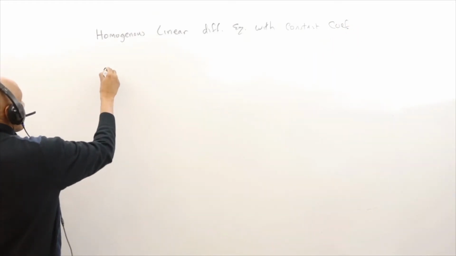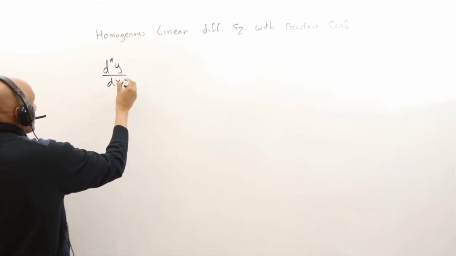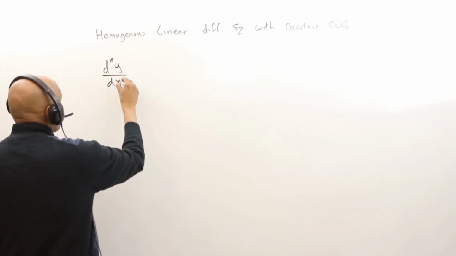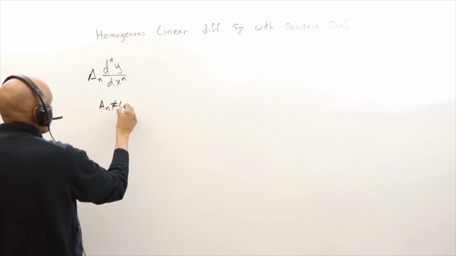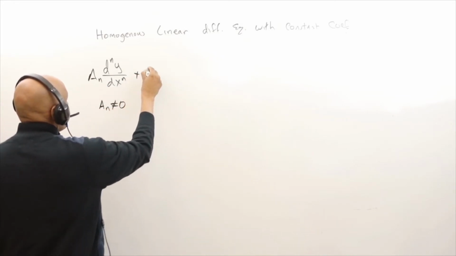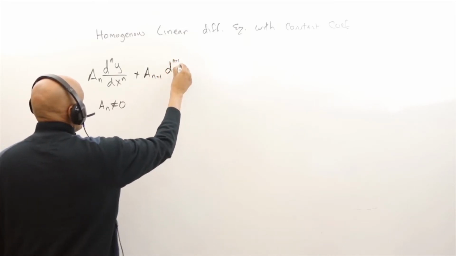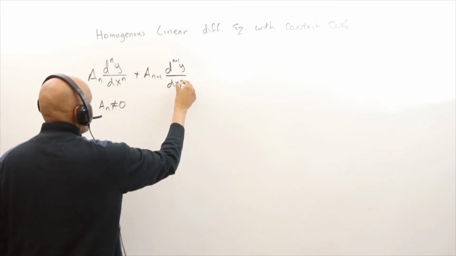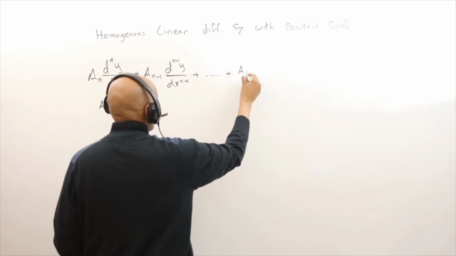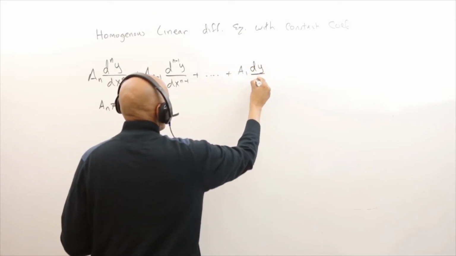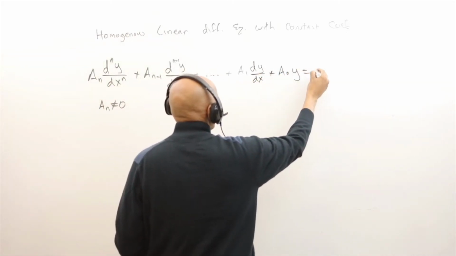So we basically have an nth order derivative. We use y as the dependent variable, and the independent variable is x. Here's our dependent variable y, and I'll put a constant an. We're assuming that the constant an is not equal to 0. Plus an minus 1 times the (n minus 1)th derivative of y with respect to x, plus dot dot dot, all the way up to a1, the coefficient for the first derivative with respect to x, plus a0 times y equals 0.